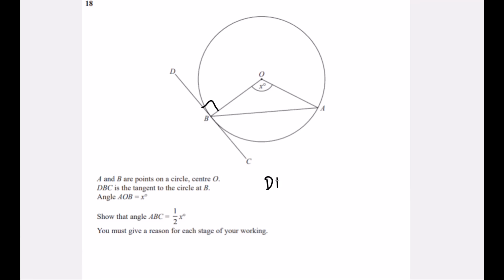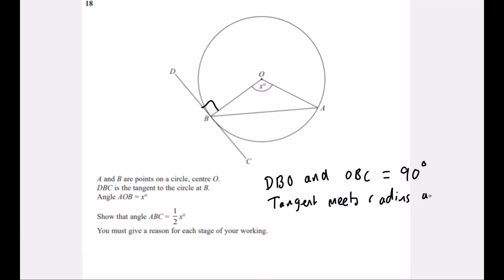So we can say DBO, and the other side, OBC, are both 90 degrees because a tangent meets a radius at a 90-degree angle. We've got an isosceles triangle here because we've got two radiuses.